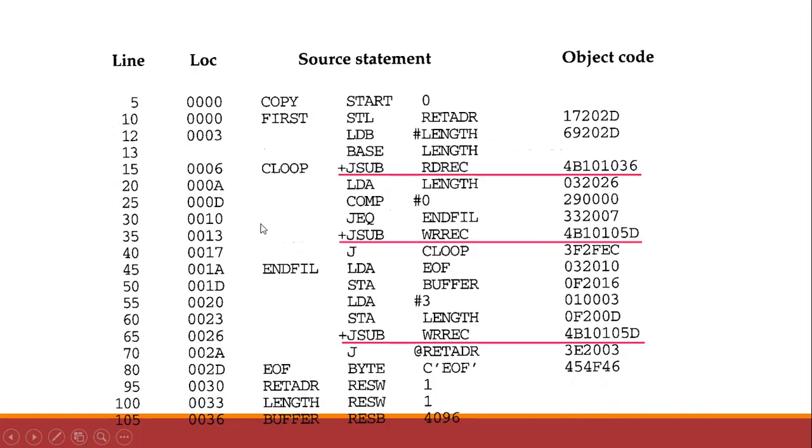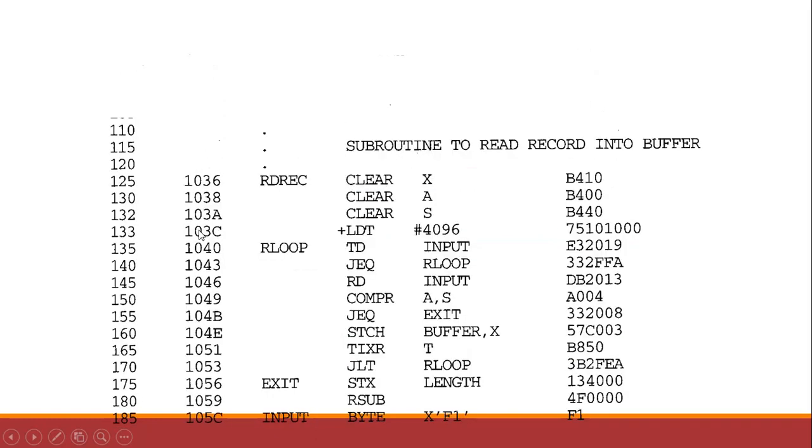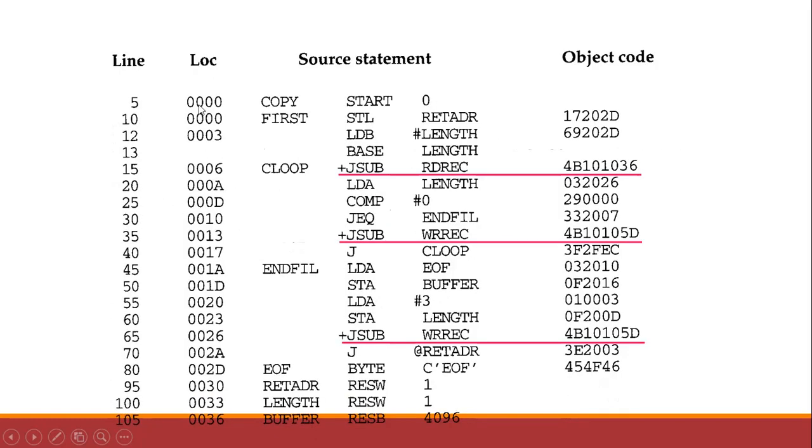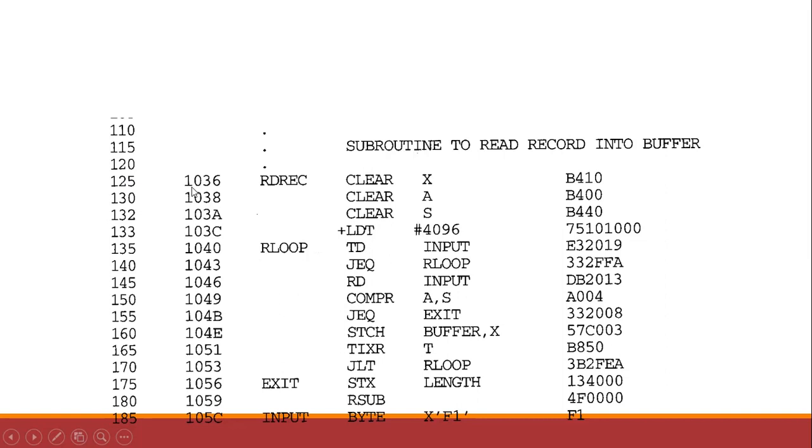So this is a direct address. Now if the program is started with the starting address 0, then the address of RDREC is 1036. Suppose this program is loaded at 1000 instead of 0, then this address will be changed. Instead of 1036, it will be changed to 2036, because it is related to the starting address.